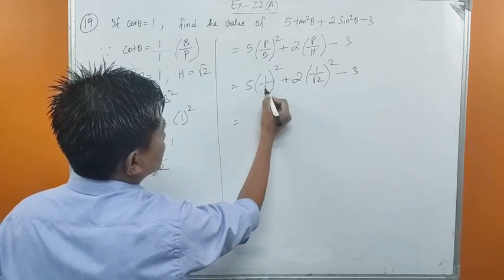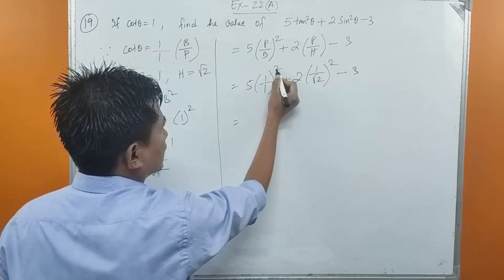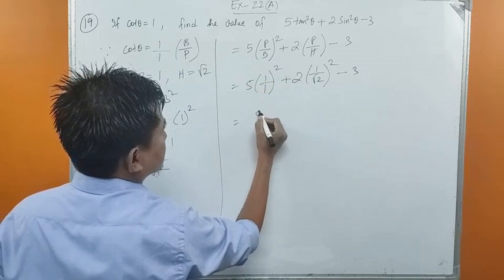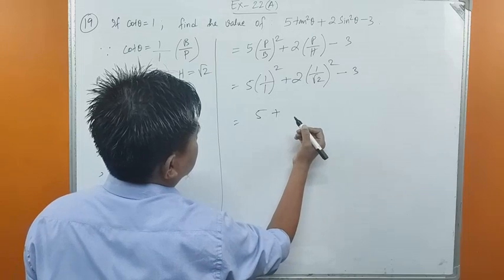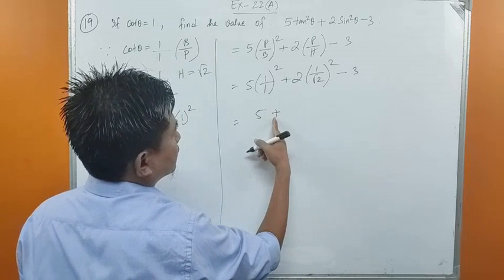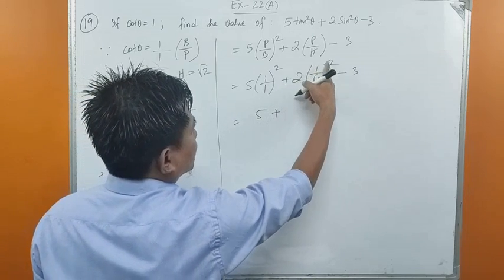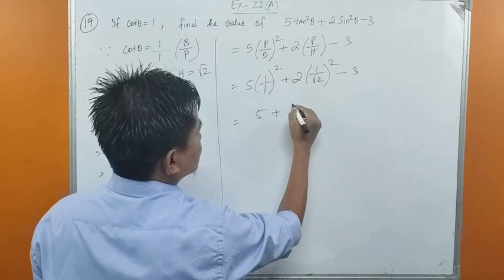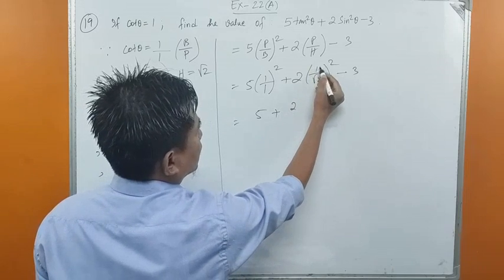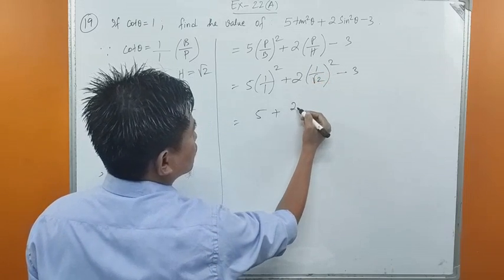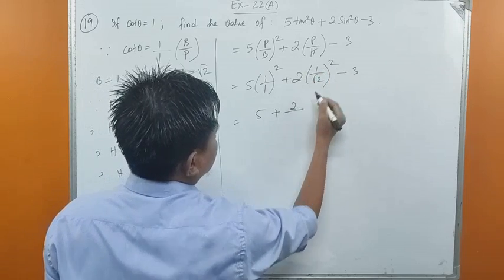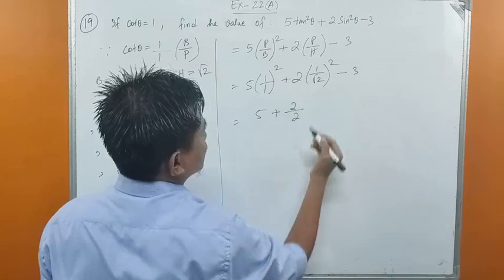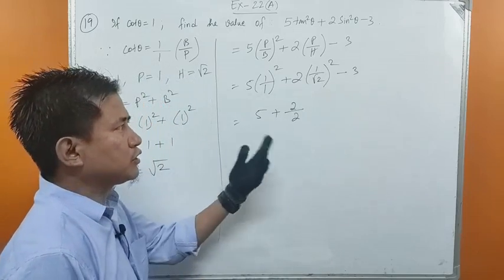So 1 upon 1 is 1. 1 squared is 1. 1 into 5 is 5, isn't it? So plus, this plus we write here. 1 squared is 1. 1 into 2 is 2 upon root 2 squared, which is 2. Root 2 squared means root 2 into root 2, which is 2.